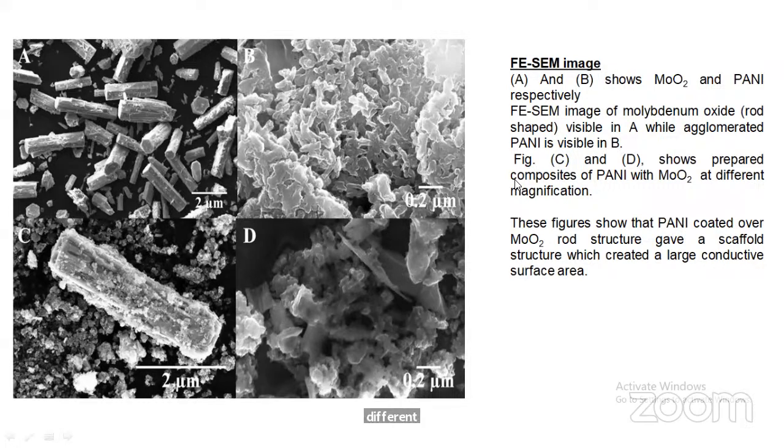These figures show very well that these are the rods of molybdenum oxide, and polyaniline gets coated over the molybdenum oxide rod structure, as is quite visible in image C. And this gives rise to a scaffold-like structure, which creates a large conductive surface area, which is desirable for efficient functioning of the anode.